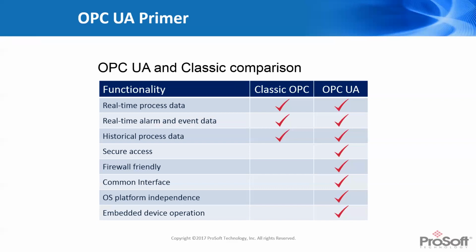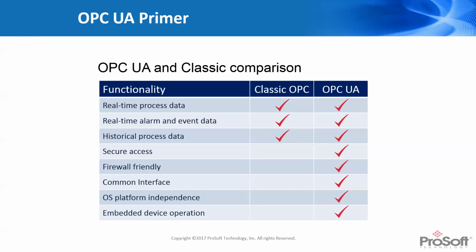You define a server, you have a list of tags. Very similar, very common. And the reason that we're able to use it on our gateways, which run an embedded Linux operating system, is because it's OS platform independent. With the original OPC Classic, it used a service called DCOM, which was a Windows-only service. So you couldn't really run it.